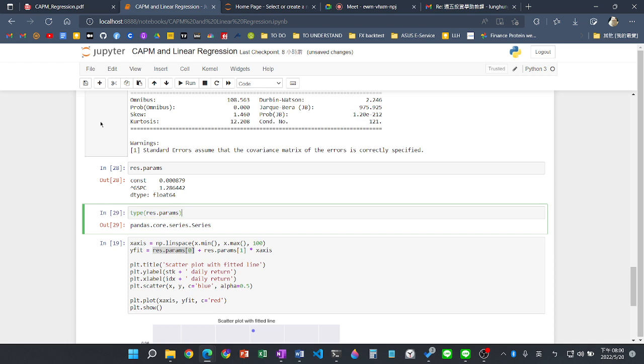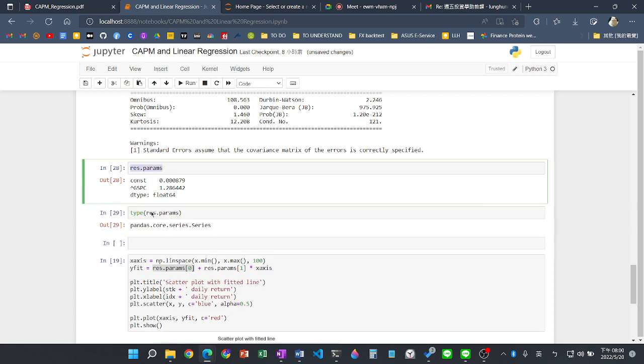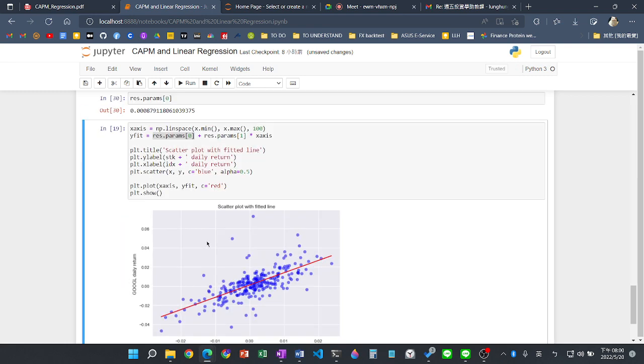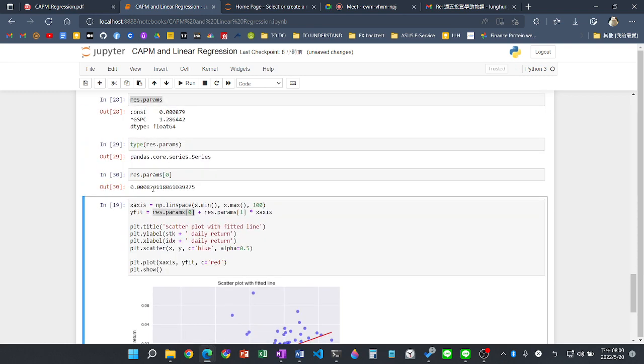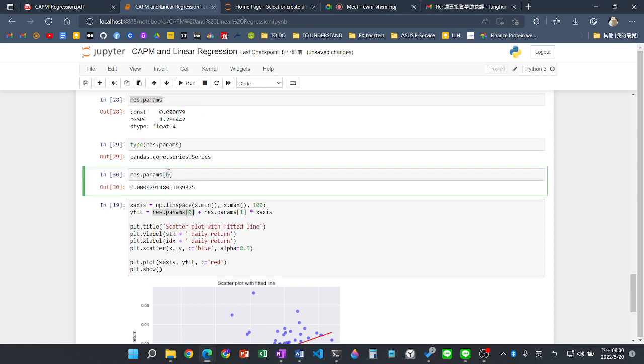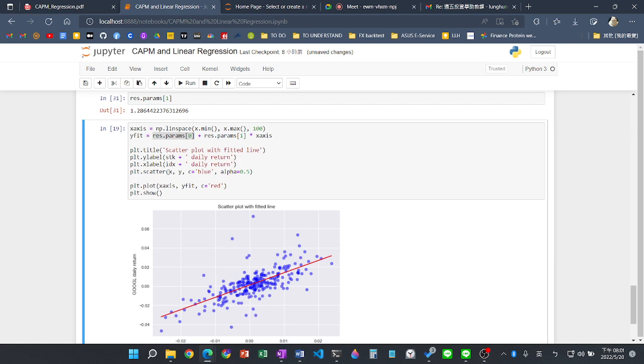To get data from a series, you use the square brackets and specify what data you want. For example, I want the first data, then it will get me the constant here.